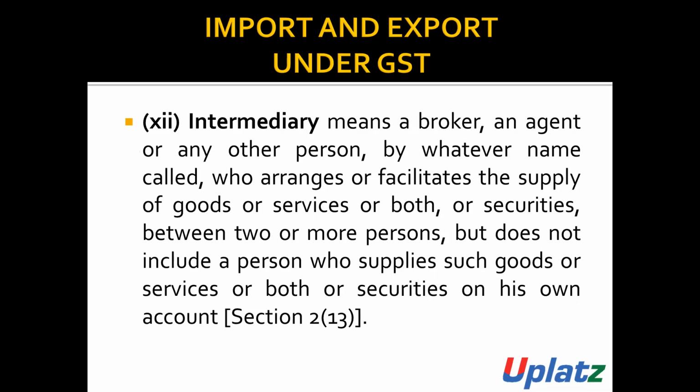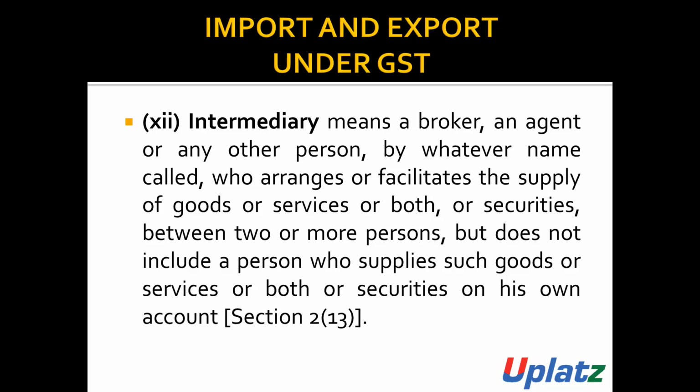Intermediary means a broker, an agent, or any other person by whatever name called, who arranges or facilitates the supply of goods, the supply of service, or both, or securities between two or more persons, but it does not include a person who supplies such goods, services, or both, or securities on his own account.